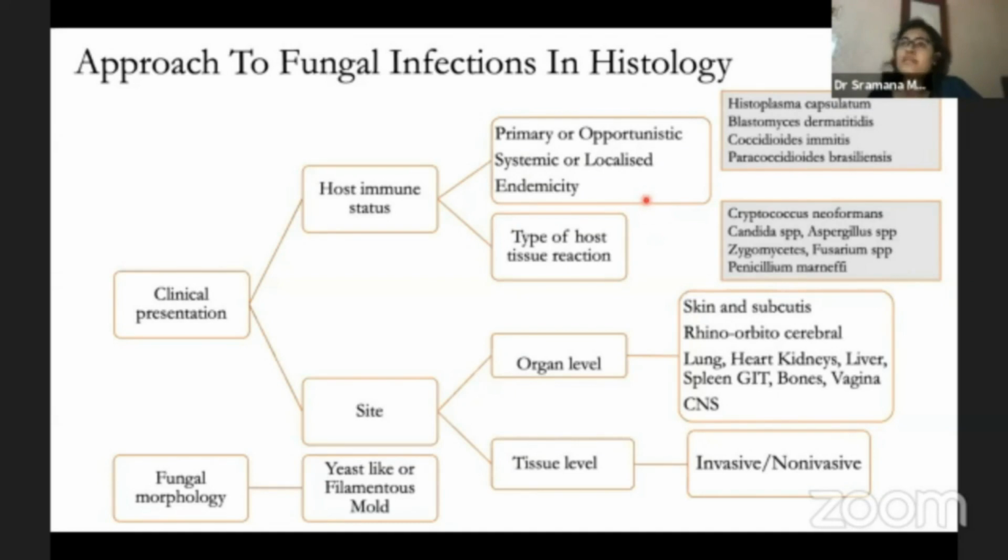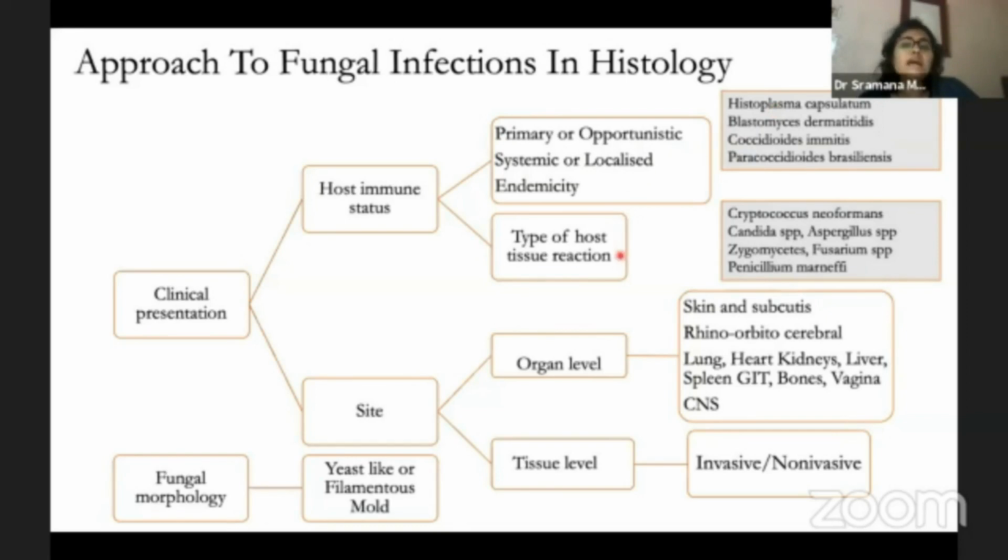So you immediately think that it might be a primary pathogen or an opportunistic infection in a setting of immunocompromise. So it's very important to know whether it's a systemic or localized presentation, and endemicity. In this part of the world, we hardly see Blastomyces, Coccidioides, or Paracoccidioides, but we do see a lot of Histoplasma capsulatum, and I'll be talking about them in the subsequent slides.